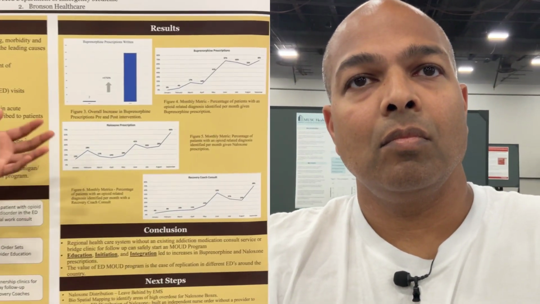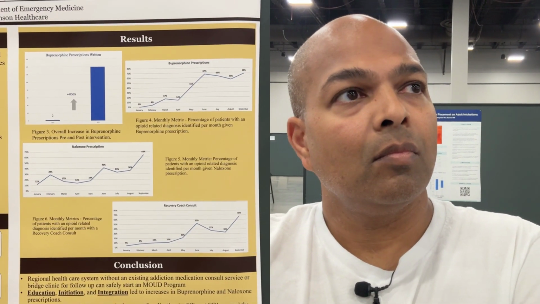And we do know that buprenorphine has been supportive in patients following up their treatment and continuing on to try and get better, coming out of the difficulties of opioid use disorder. So with that simple integration system, we saw significant improvements in all the different metrics we were looking at.